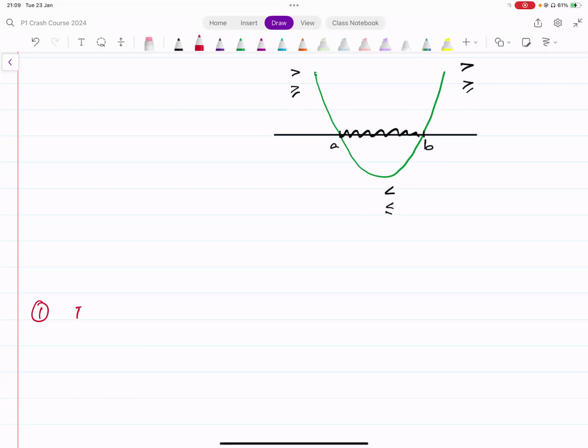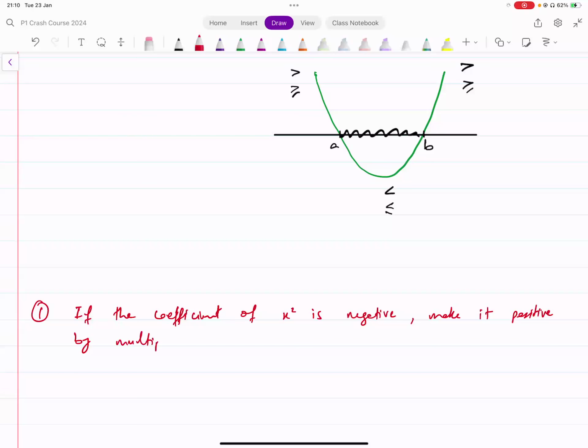Whenever the coefficient of x squared is negative, what you do is you make it positive by multiplying the inequality by -1, just like we did here.